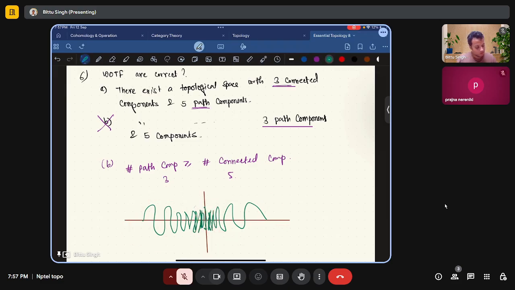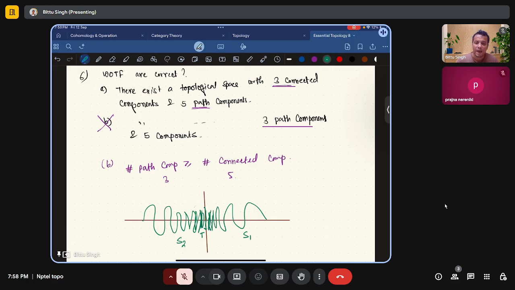Let me denote it by S. This is the topological sine curve, and this is the mirror image of S, which is S dash, or maybe S1 and S2, and another line T. So up to this, there are 3 path components and only one component.